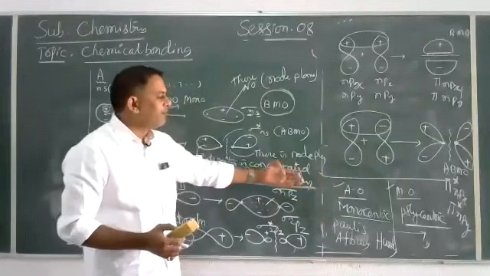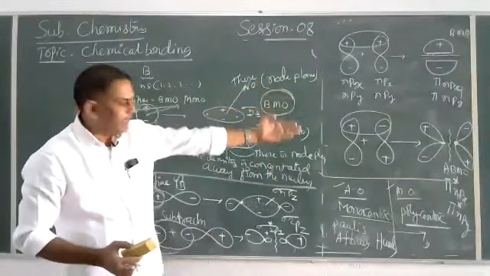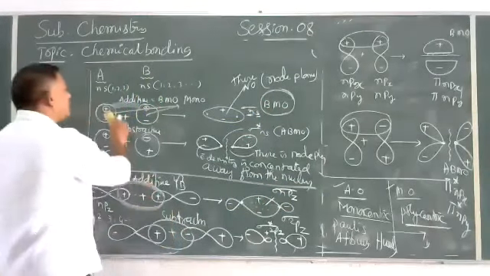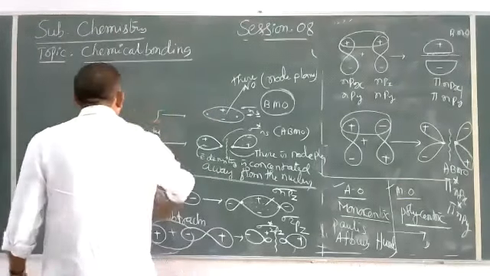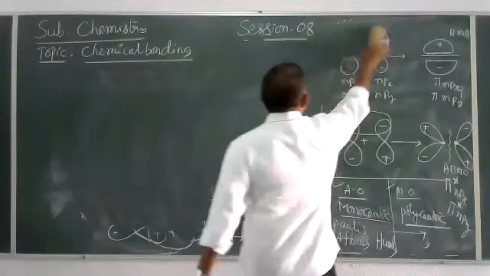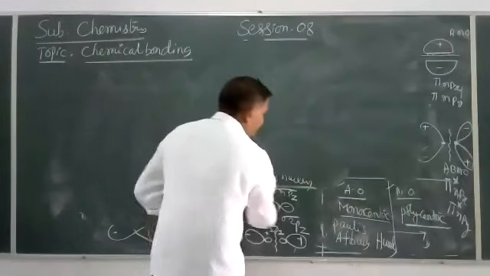While explaining the energy level diagram, I'll explain all these three important rules. Okay? Energy level diagram for molecular orbitals by using linear combination of atomic orbitals of homodiatomic or heterodiatomic molecules.